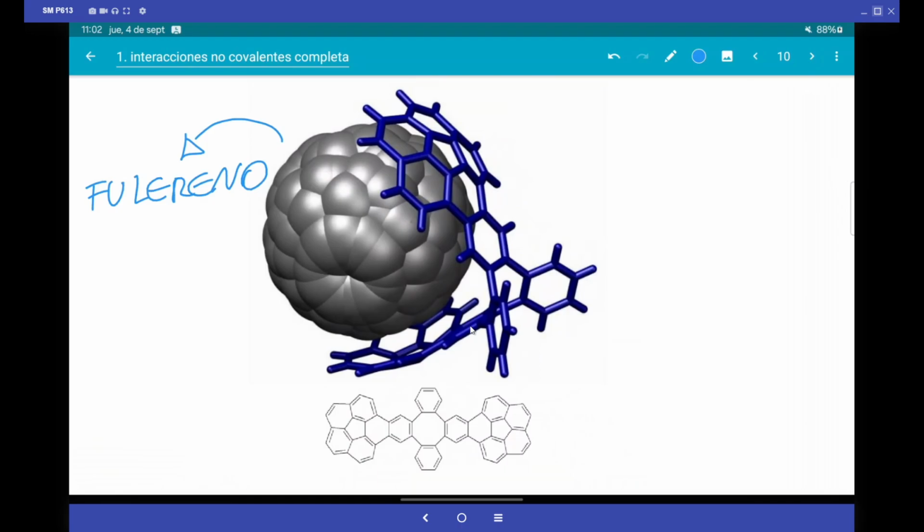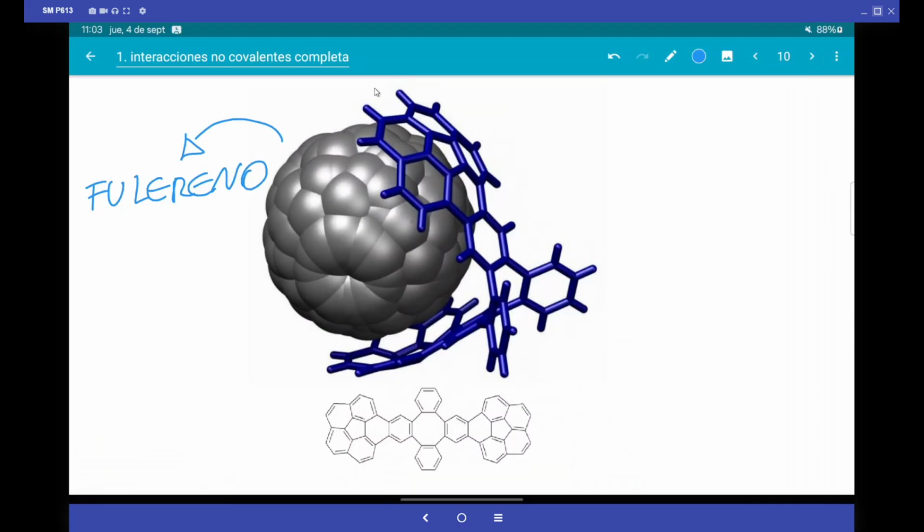It is a cyclic structure with double bonds, and this representation seems to be a ball, a sphere, but they are interconnected rings, and we have another molecule, also formed by aromatic rings, that adheres perfectly to this structure. The coupling is only by pi-stacking type interactions.